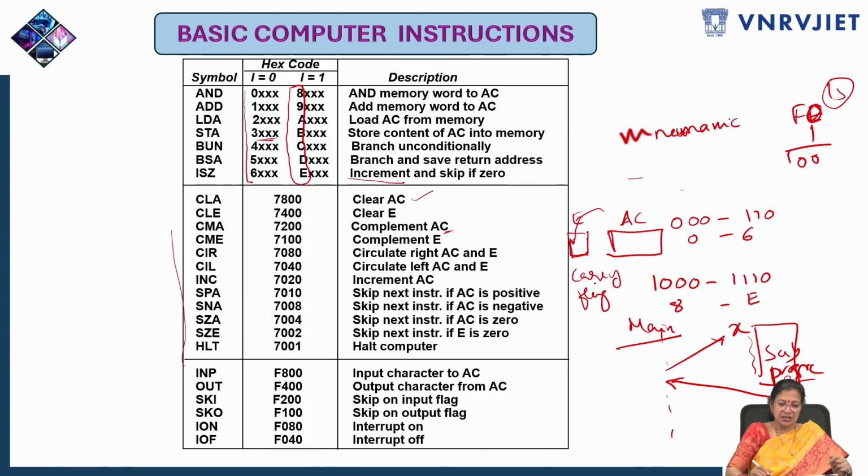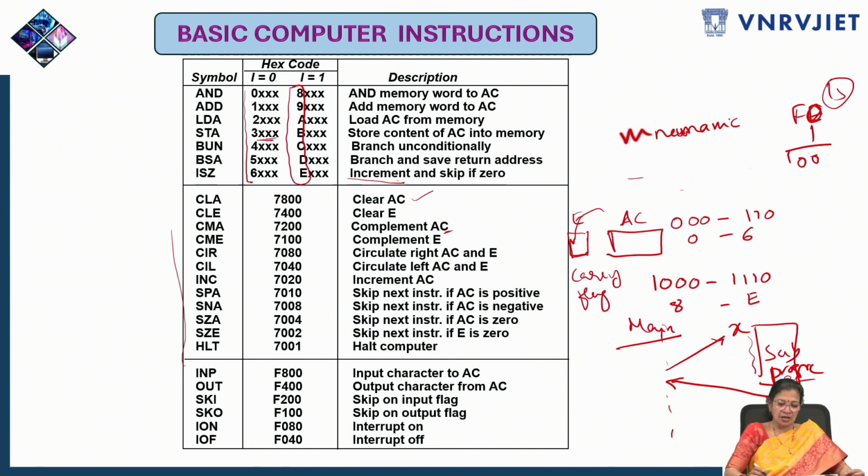And the other instructions are also associated with the accumulator and the E flag. If you look at the next two instructions, circulate right, AC and E. The CIR and CIL are meant for circulate right and circulate left along with the E. Usually these operations are meant for performing multiplication by 2 or division by 2 when we are shifting right or shifting left.